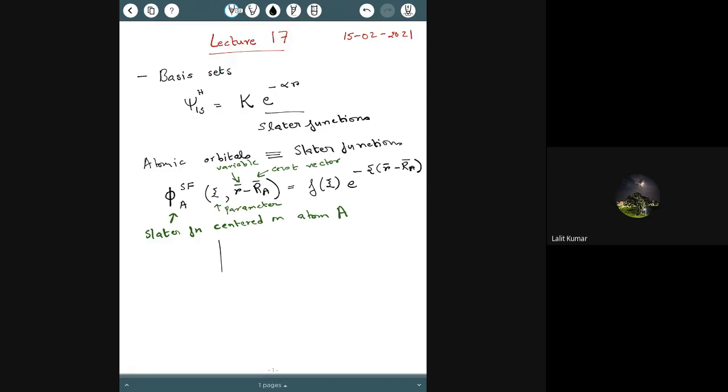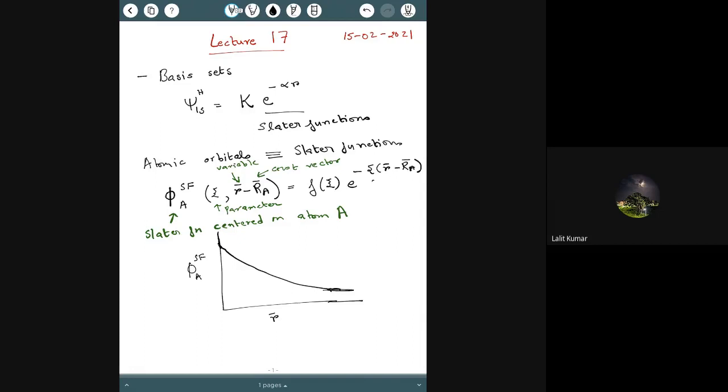So if this is r and this is phi, a Slater type orbital looks like this. It is simply an exponentially decaying function. And how fast this decays is controlled by xi.